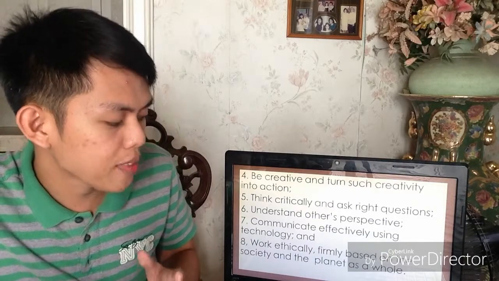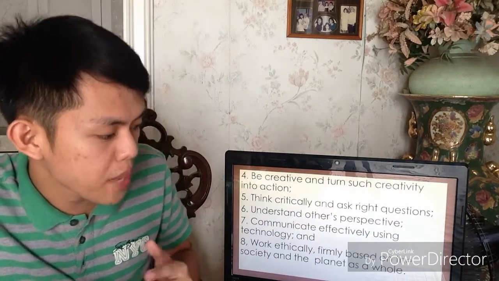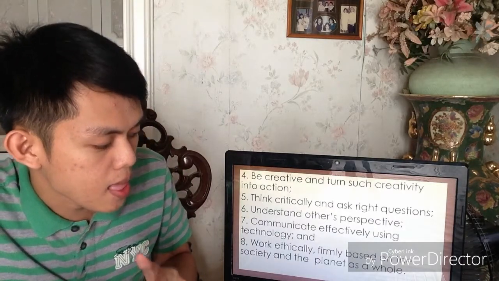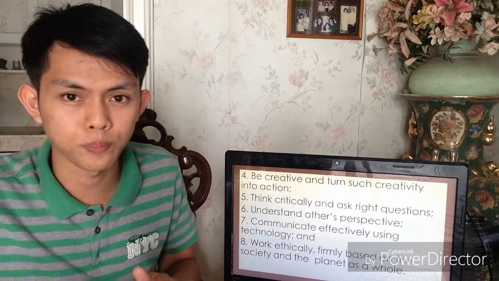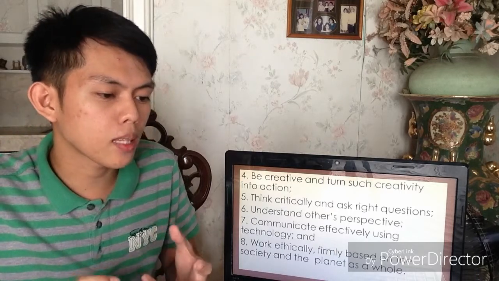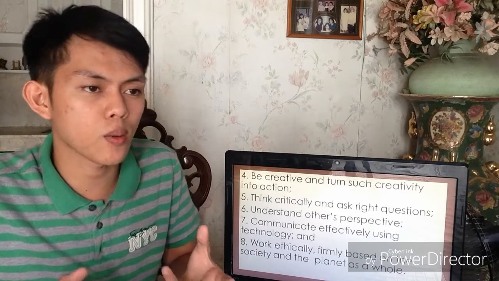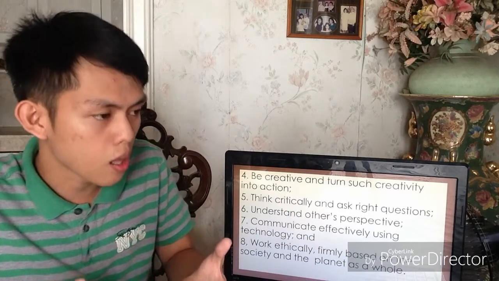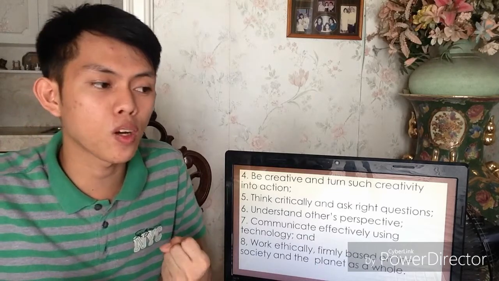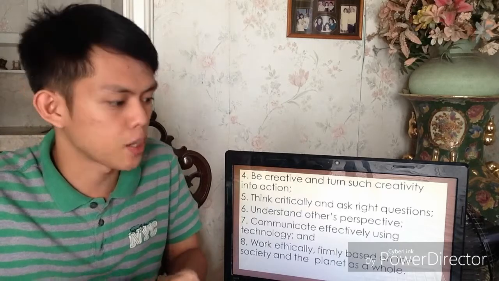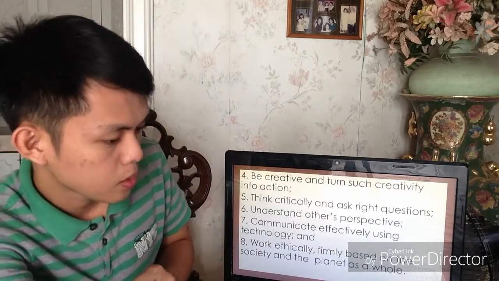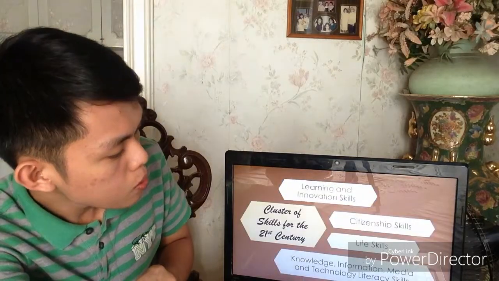Number 8, work ethically, firmly based on the society and the planet as a whole. So dapat yung bata, paglabas niya sa eskwelahan o pag nagtrabaho na siya, dapat competent na siya as a worker.